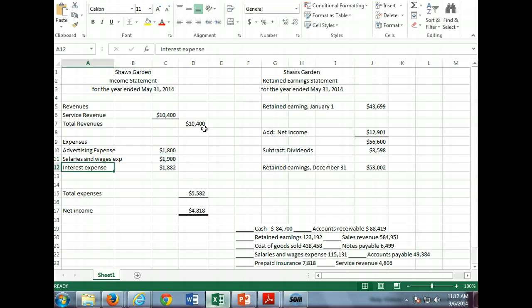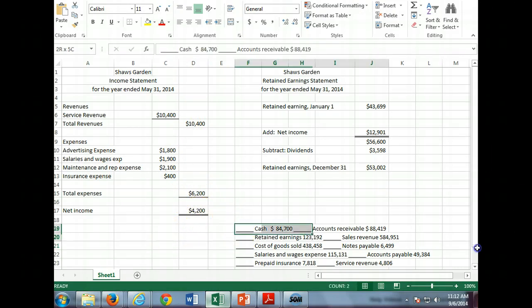What's next? Maintenance and repairs, 2,100. And, okay, so we show our revenues of 10.4, our expenses of 6,200 with a net income of 4,200, right?